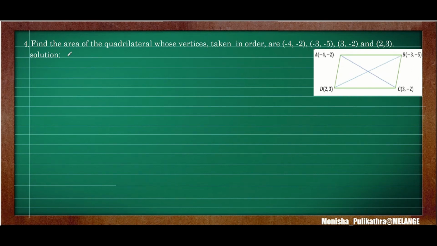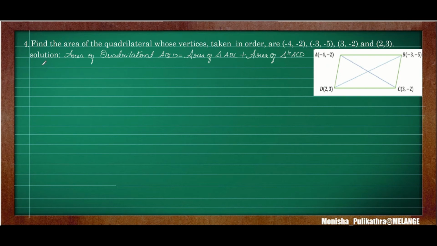So area of quadrilateral ABCD is equal to area of triangle ABC plus area of triangle ACD.